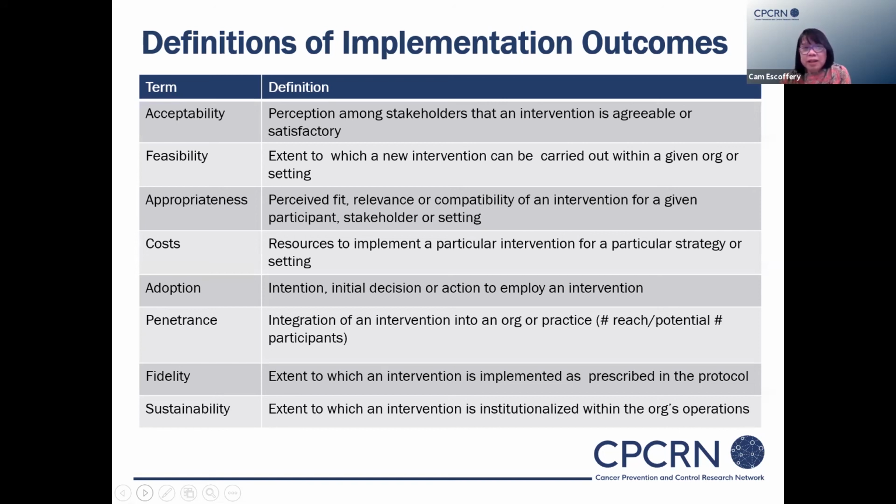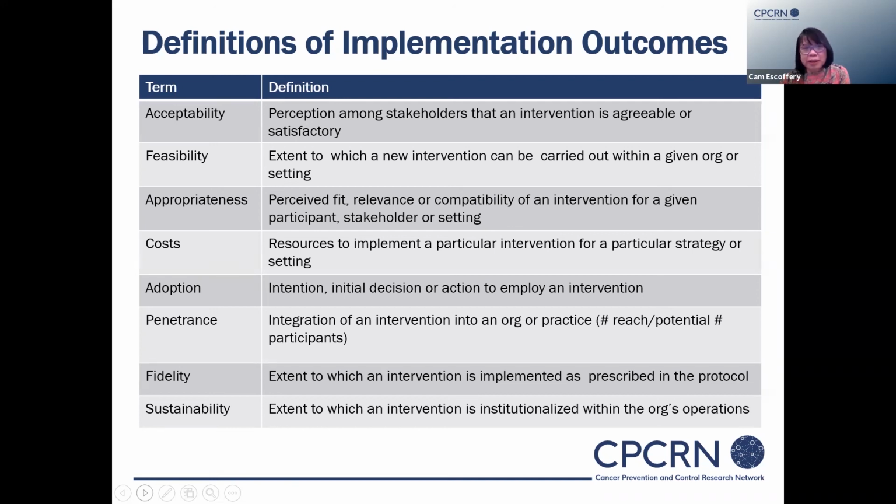Adoption is about the decision-making process. What helped the implementers and/or your program participants? Why were they interested in the program? Why did they sign up? That's what we want to know. Penetration is a part of reach. It's trying to get at the number reached from your total population.